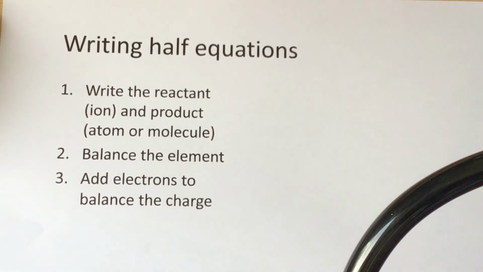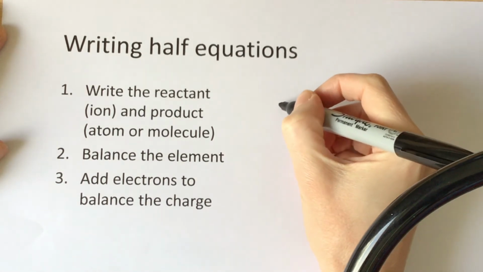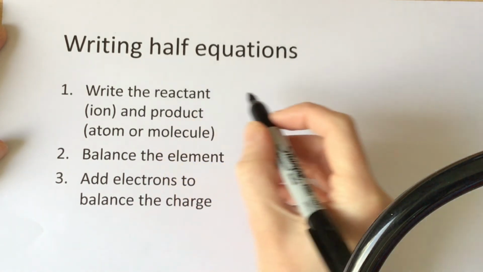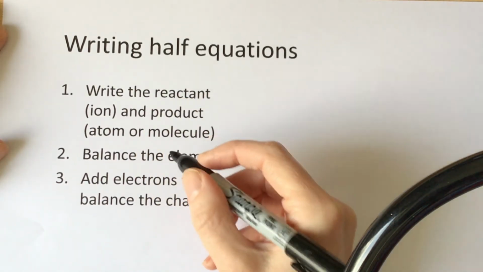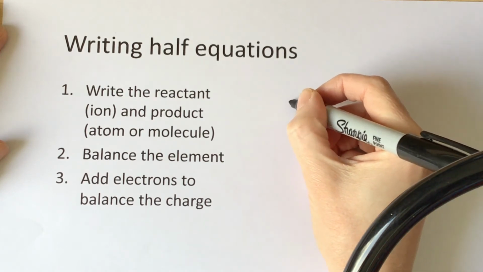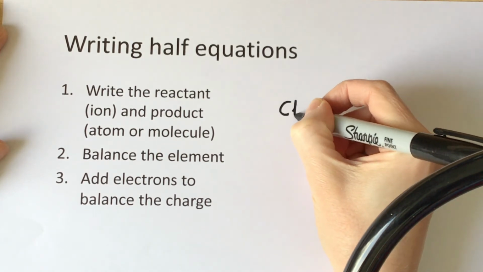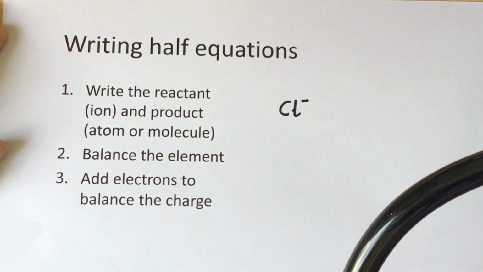Now we're going to have a go at a negative ion, and I am going to do chlorine. So again, our first step is to write the reactant, which is the ion, and the product, which is an atom or molecule. Chlorine is in group 7, so when it forms an ion, it gains 1 electron.